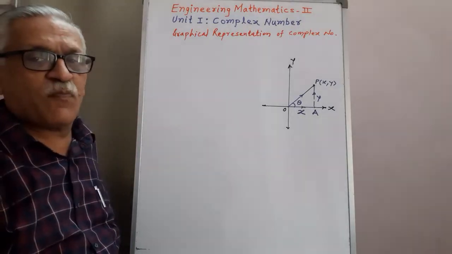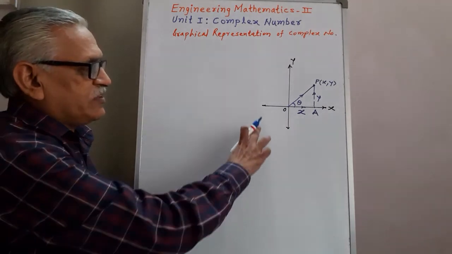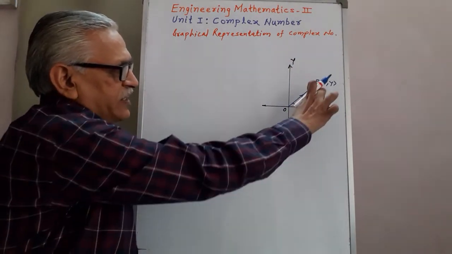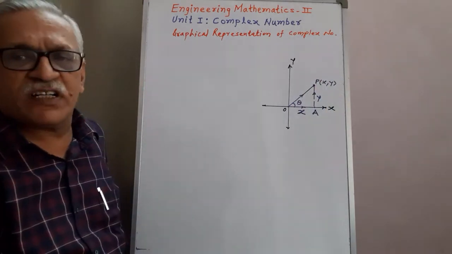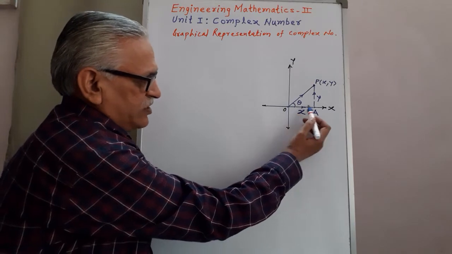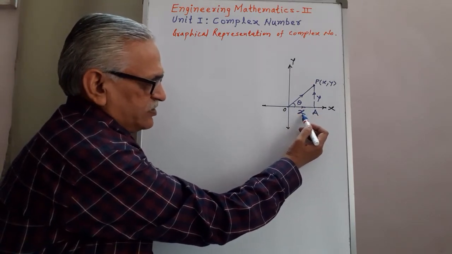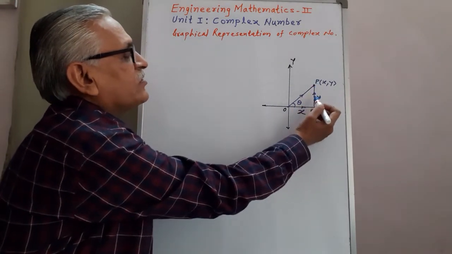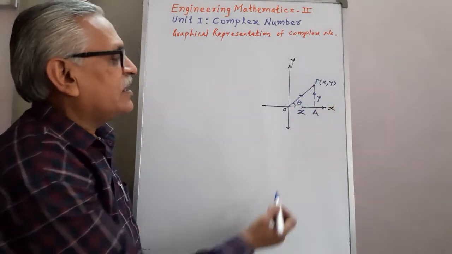Graphical representation of complex number. With reference to this figure, in the xy coordinate system, we take a point P with the coordinates x and y. Vector OA, its magnitude is x. Vector AP, magnitude is y.